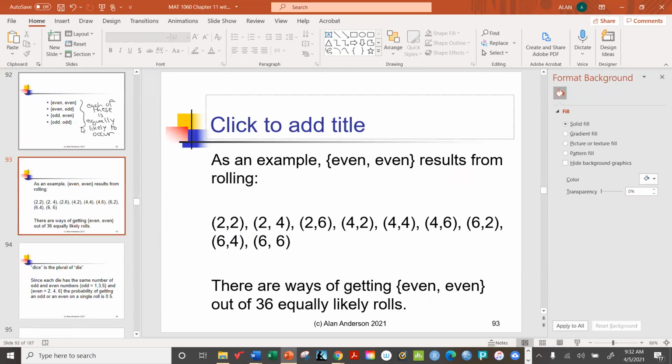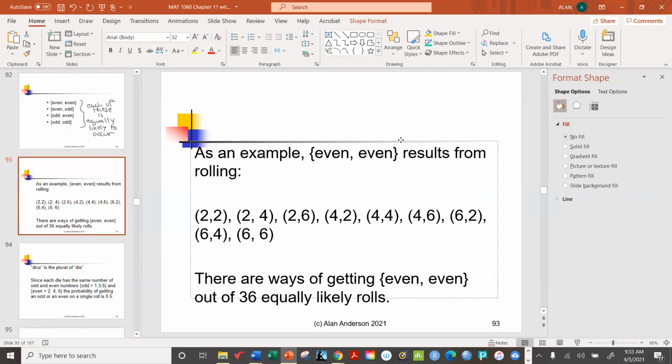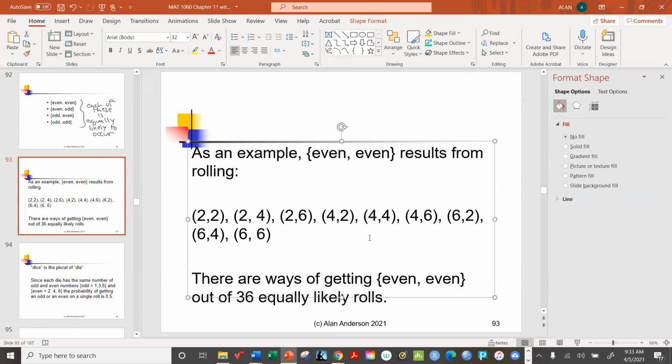But then to turn it into this even and odds case, what we're noting here is that to get even, any one of these 9 possibilities will give you even followed by even. There are 9 ways. Somehow that got left out. There are 9 ways of getting even followed by even out of 36 equally likely rolls.